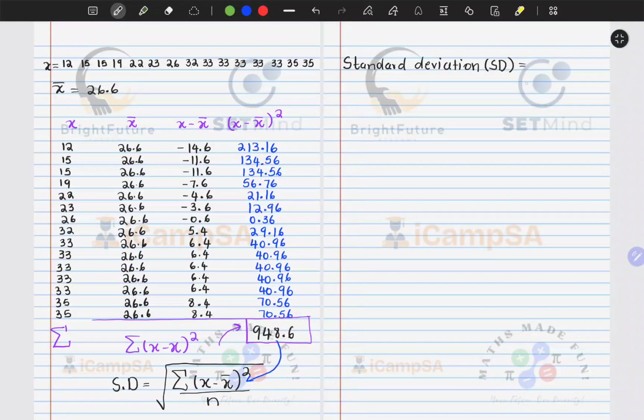Our standard deviation will simply be the square root of 948.6 divided by 15. So let's have a look at our SD. The square root of that answer divided by 15 gives a standard deviation of 7.95.